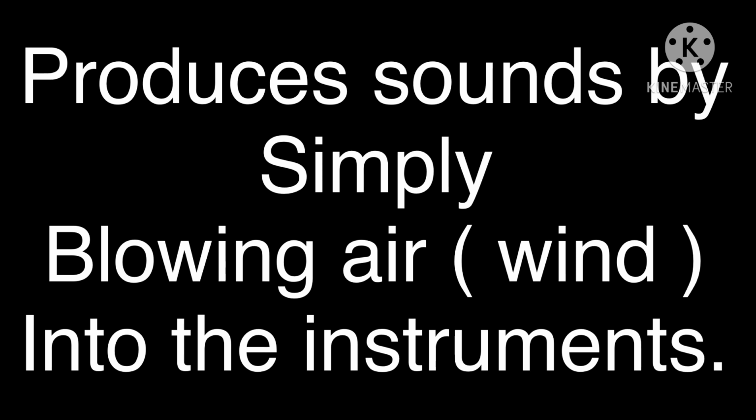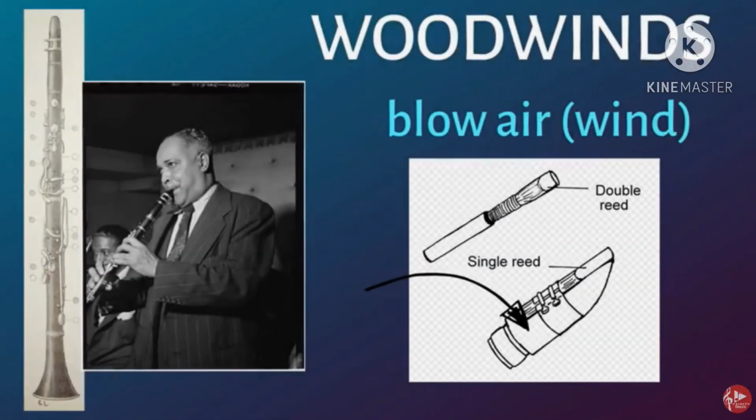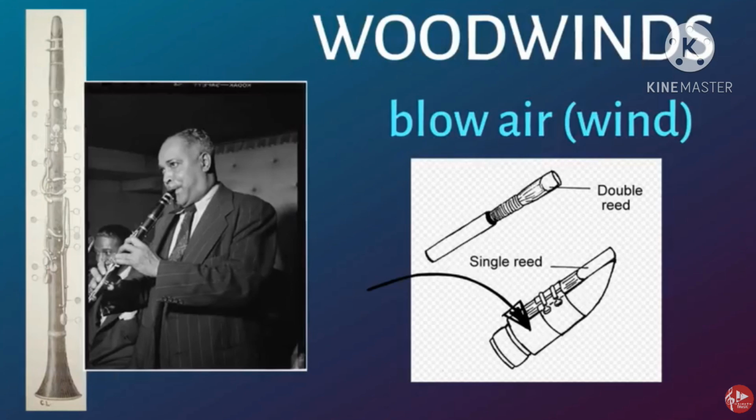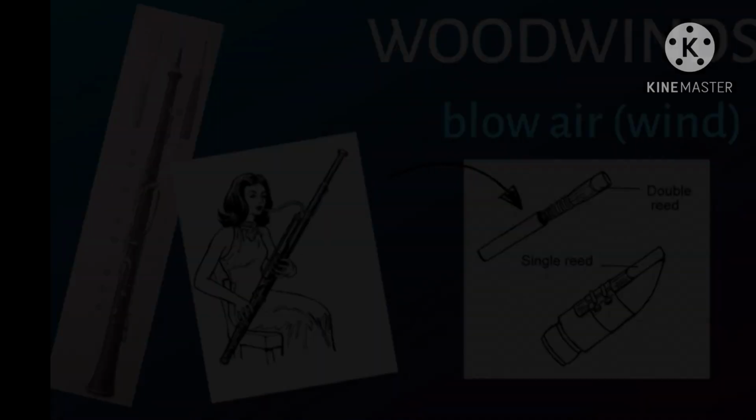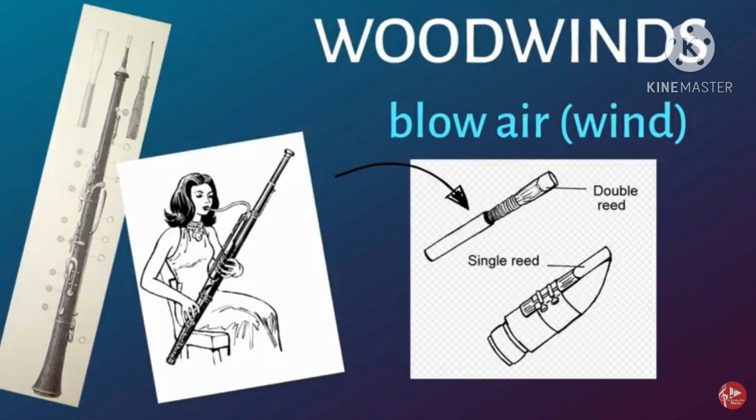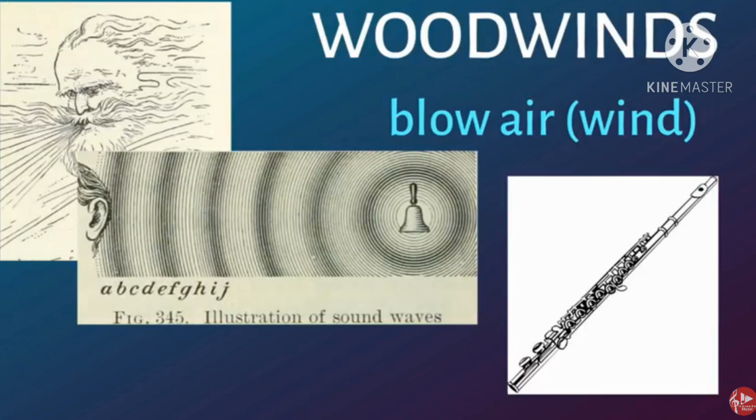Woodwinds produce sounds by simply blowing air or wind into the instruments. Sometimes the air is used to vibrate a single reed, as the clarinet has, or a double reed, as the oboe or bassoon has. The air itself may even be used to vibrate and cause sound, as the flute does.